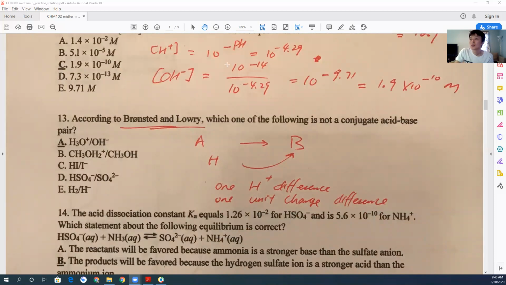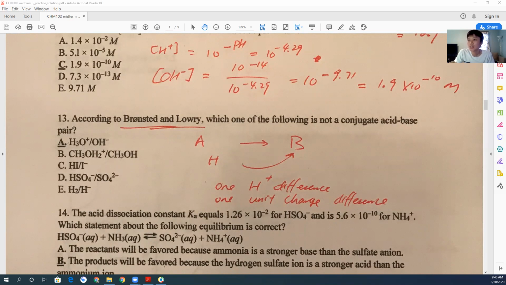Next one, which pair is not a conjugate acid-base pair. For a conjugate acid-base pair, you're looking for a one proton difference and one charge difference. The conjugate acid is the one that donates the proton, and after it loses that proton, what's left is the conjugate base.